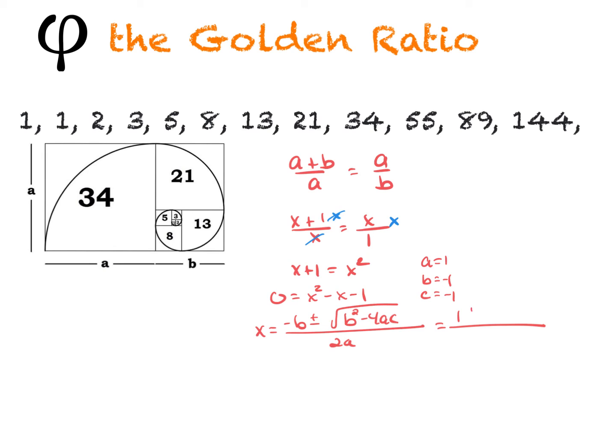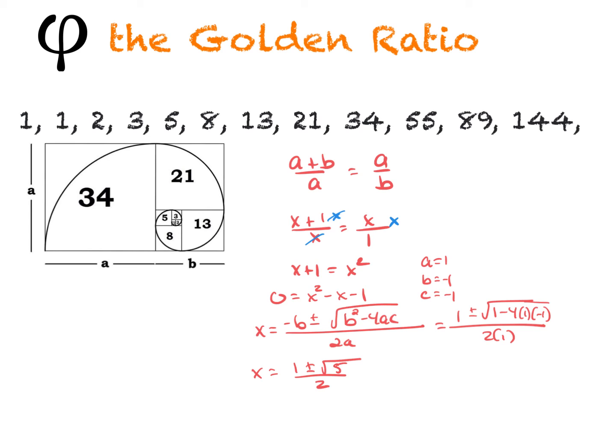We get 1 plus or minus the square root of negative 1 squared, so 1 minus 4 times 1 times negative 1, all over 2 times 1. Okay, this is actually great. This is negative 4 times negative 1, so that'll be a positive 4. So we have 1 plus or minus the square root of 1 plus 4 will be 5, all over 2.